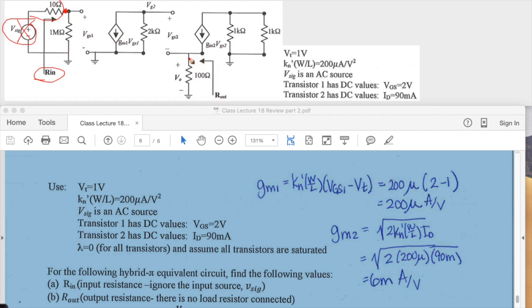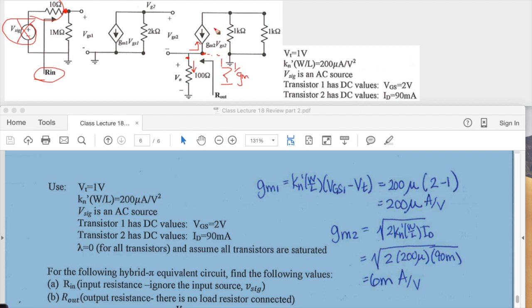And for Rout, that's going to be at this node to ground. We see we have a pathway there and then a pathway here. The pathway here will give 100 ohms. Recall the derivation for the equivalent resistance you see on the bottom side of this dependent source: it is going to be 1 over gm. It doesn't matter that there is other resistance, so this is going to be 1 over gm.